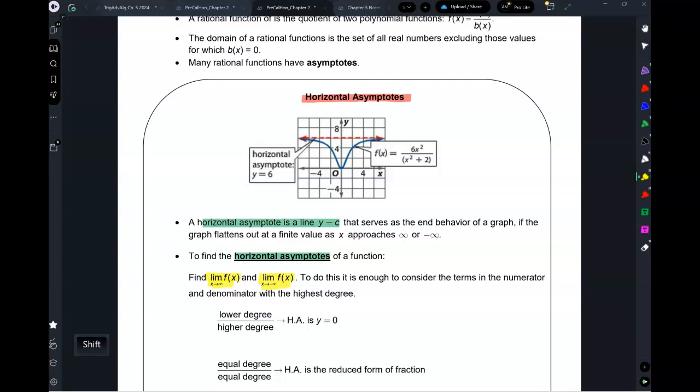Because it's only at the infinities, suppose this is your f of x, and suppose there is a horizontal asymptote right here. The horizontal asymptote only takes effect at the infinities. That means a graph will have to follow the horizontal asymptote at the infinities, and in the middle here, it can cross the horizontal asymptote as many times as it likes, and then just follow it at the opposite end. It only takes effect at the infinities.